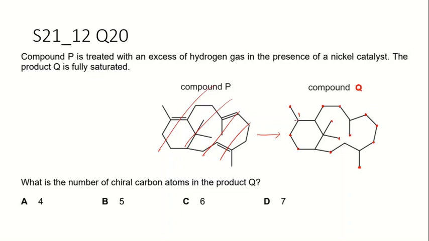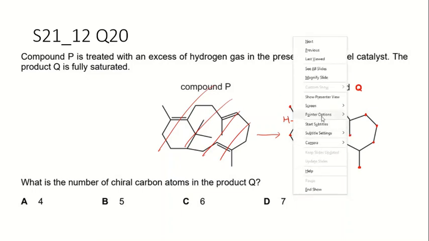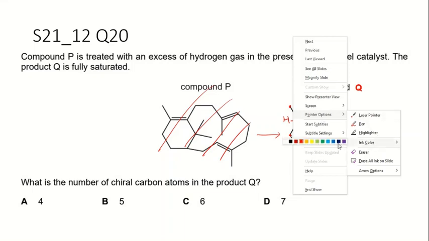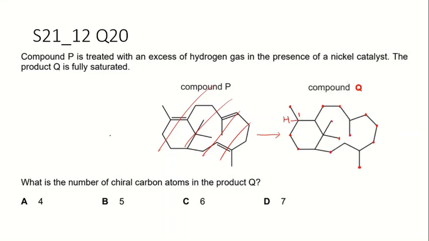It is bonded to another H. Okay, and the other 2 neighbors, they are in a ring. So what can we do to confirm whether this is a chiral center or not? We will draw a plane of symmetry, or we try to find whether there is a plane of symmetry around this carbon or not.